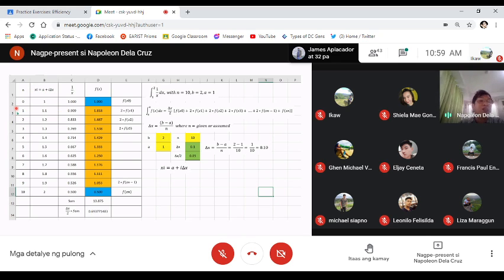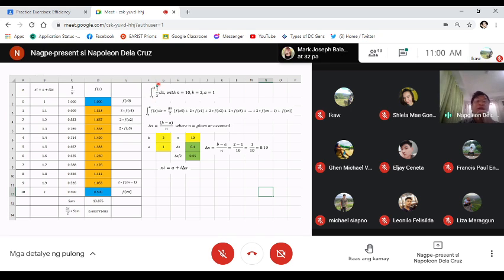Isa-substitute lang yun, parati dun. Tapos pag nailagay na ang formula rito, idadrag lang ito pababa hanggang dun, kasi hanggang dun lang naman ang requirement natin. Ibig sabihin, yung interval natin sa pag-solve nito ay 10.